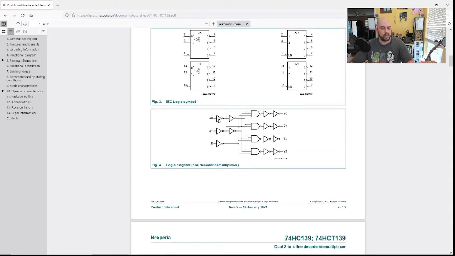So all they're doing here is showing me that I've got an inverted input. If A0 is turned on, you actually have a 0 coming to this point right here. So coming to this NAND gate would be a 0. And then coming across this inverter, we swap back over to 1 again, which is coming into the NAND gate.